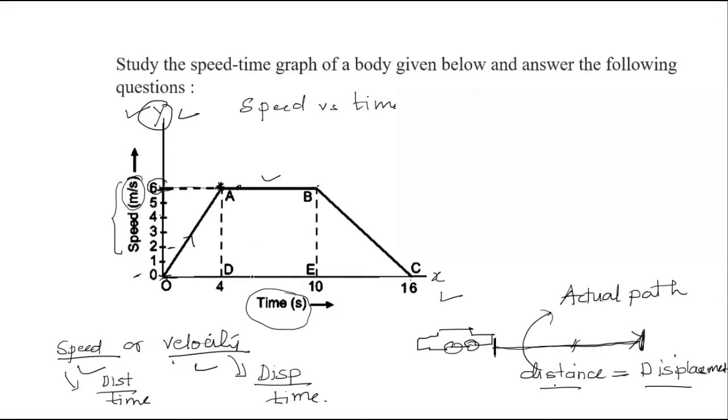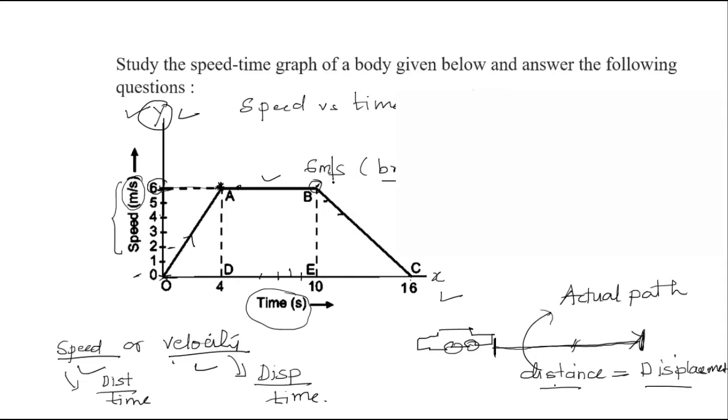Again 6. At 6, 7, 8, 9, 10 seconds, it's 6 only. At this point it is 6 meter per second, and then somewhere here the velocity comes down, as if you apply a brake.